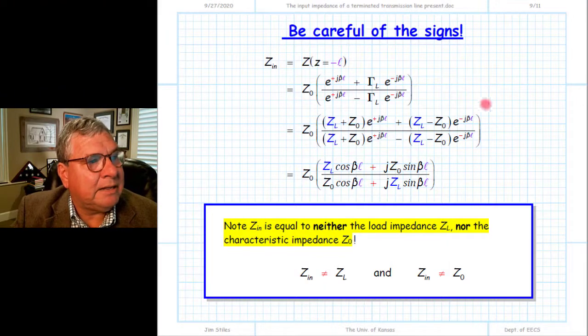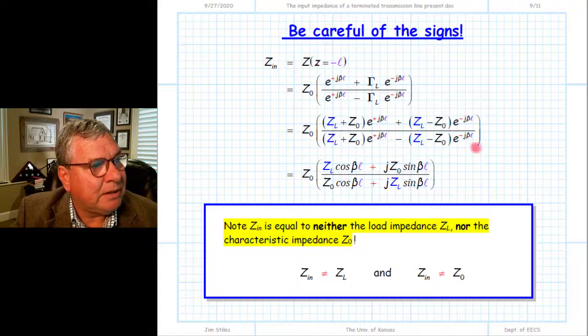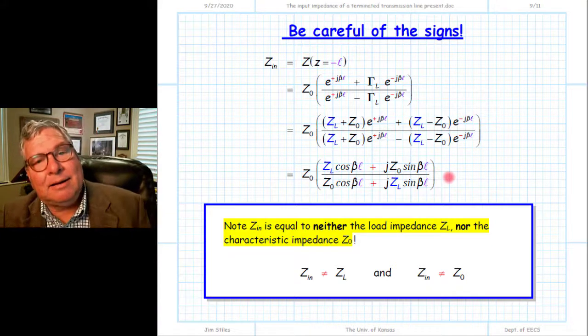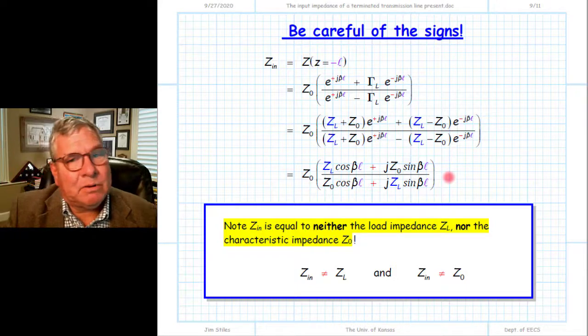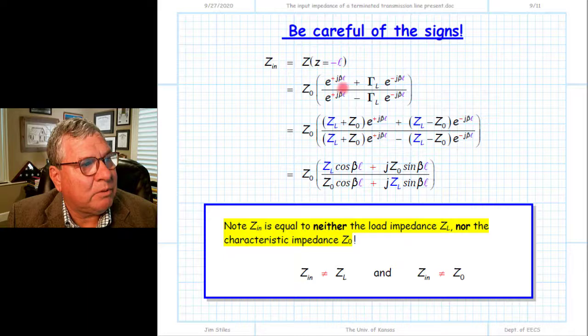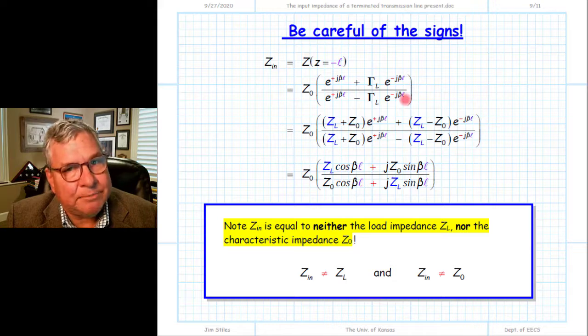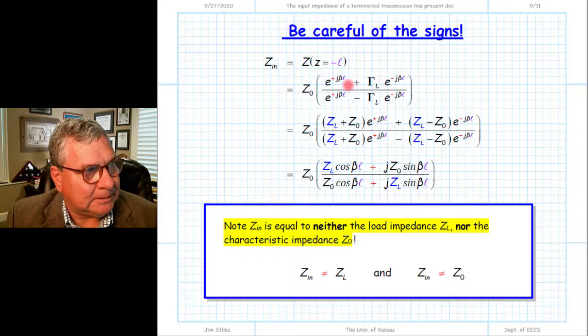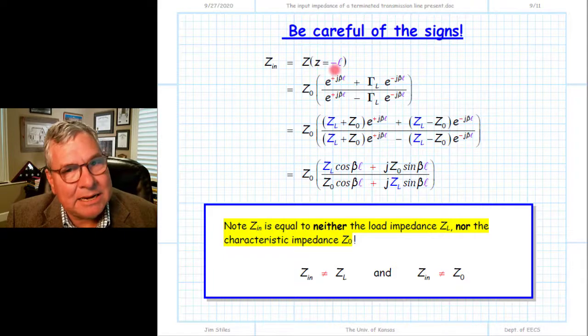We do that and we get these expressions here, and they look very much like what we had on the previous page for the line impedance, but of course instead of having the line impedance be a function of position Z, we evaluated at one specific position, minus L. We have replaced Z with minus L.